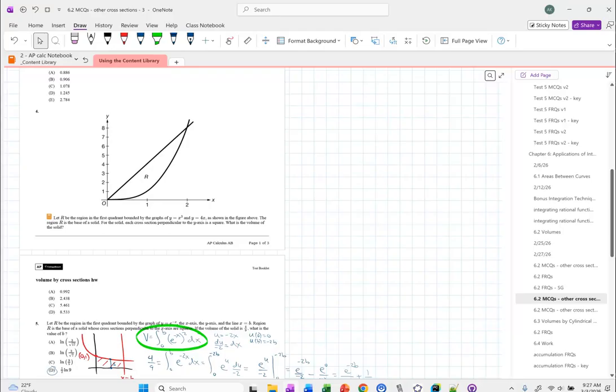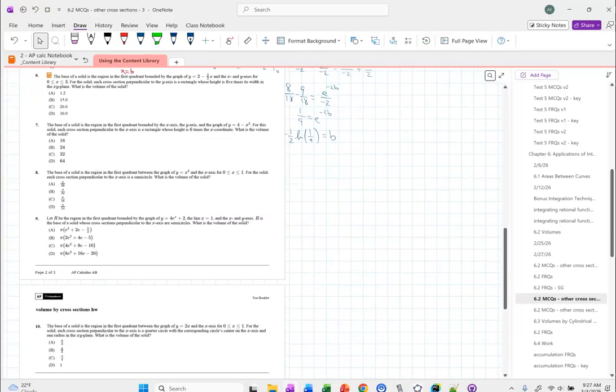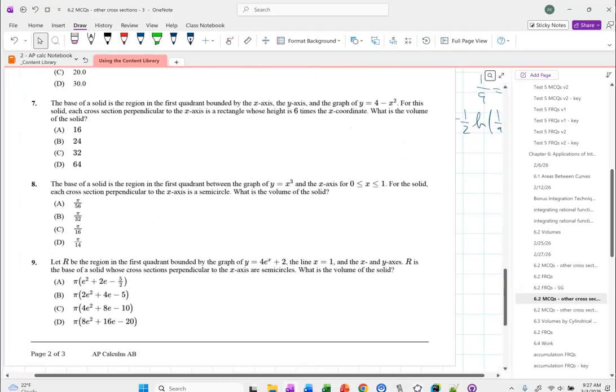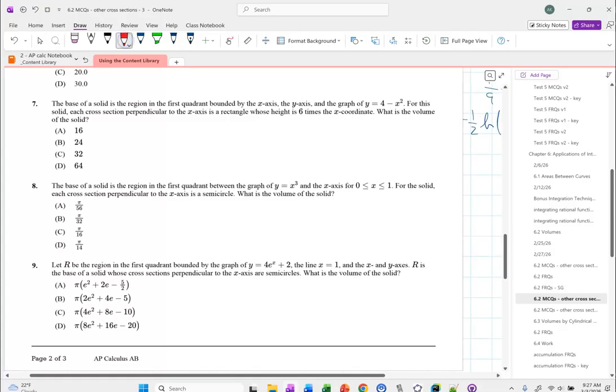Okay. And then I just had a question, or could you do 7? 7. This will be our last one from this sheet, and then we'll move on. It says the base of a solid is in the region in the first quadrant, bounded by the x-axis, the y-axis, and the graph of 4 minus x squared.